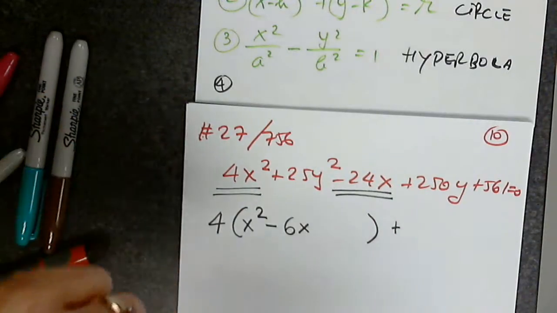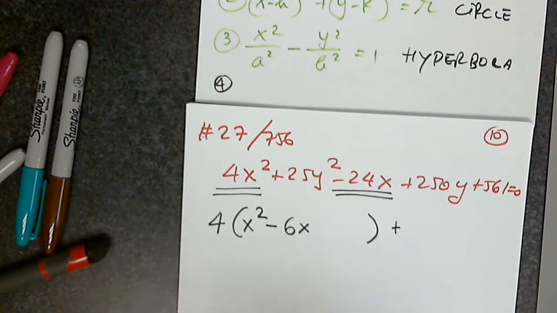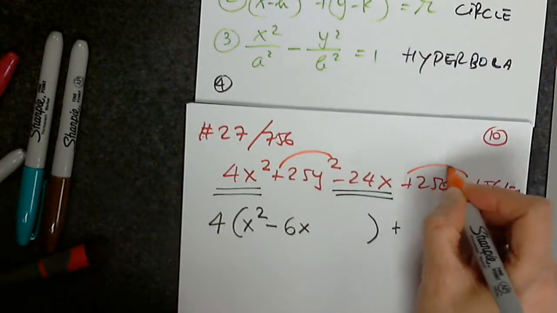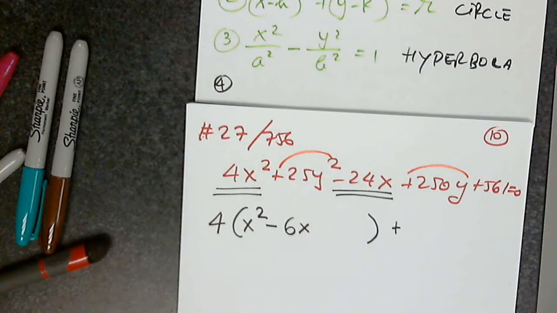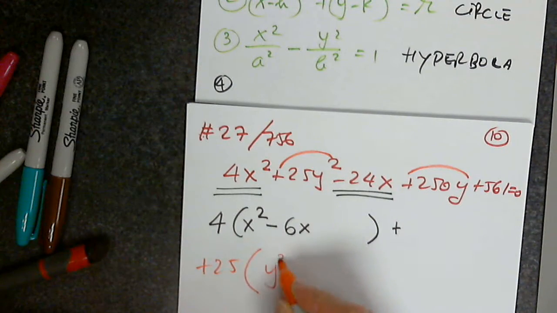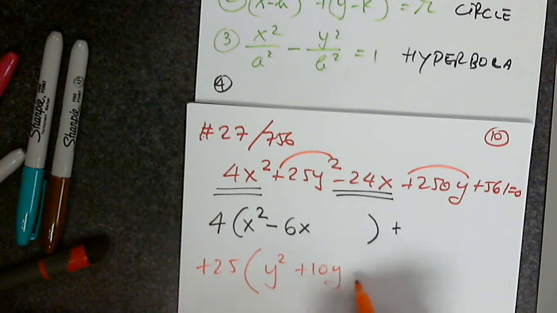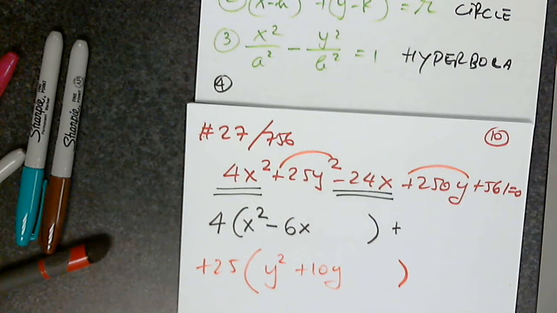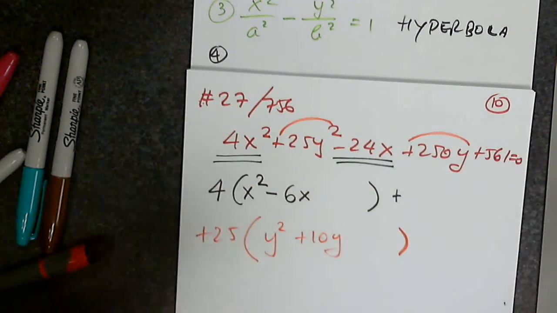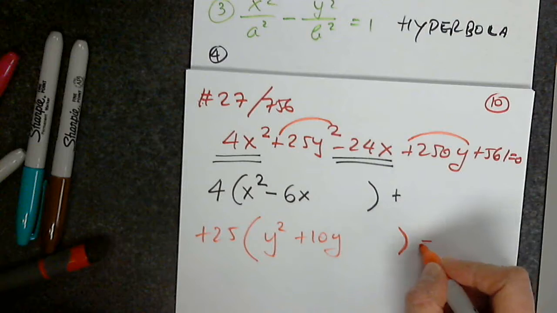Plus, now we have to look at this and this. What would you suggest to do first? Yes, I have to factor out 25 and I have y squared plus 10y, and leave some room, please. And what else is left, and I have no choice but to move this to the other side.